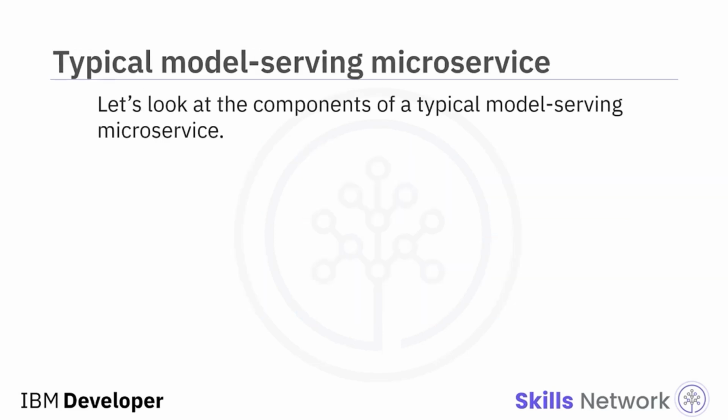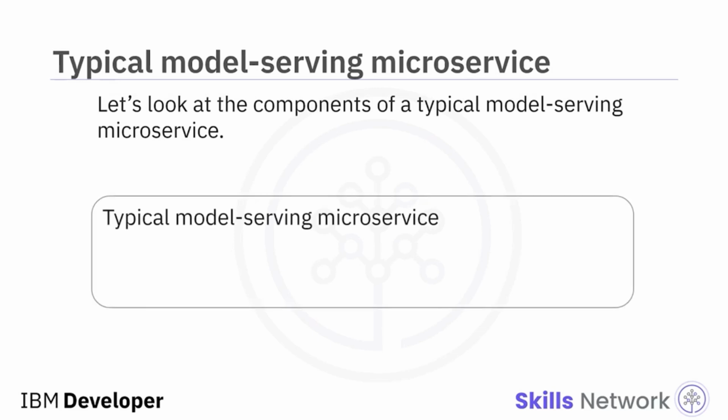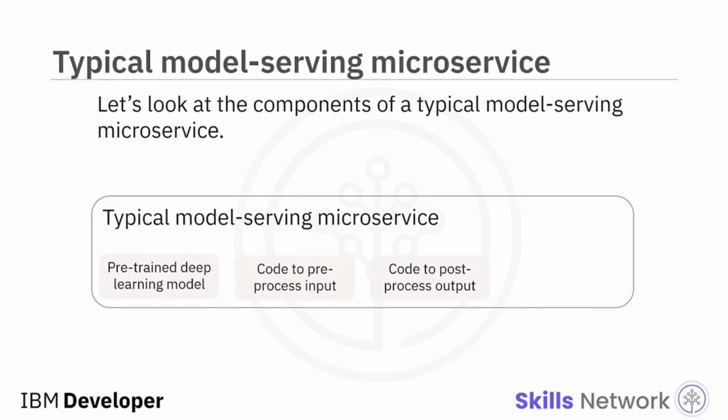So let's look at the components of a typical model-serving microservice. Each microservice includes a pre-trained deep learning model, code that pre-processes the input before it is analyzed by the model, code that post-processes the model output, and a standardized public API that makes the service's functionality available to applications.